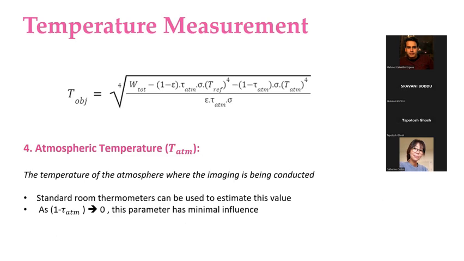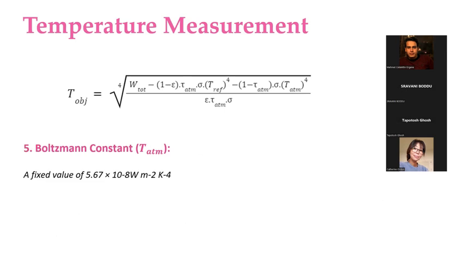The next parameter is atmospheric temperature, which is nothing but the ambient temperature. You can get this using standard room thermometers. But since atmospheric transmissivity tends to 1, this parameter has minimal influence. The fifth parameter is the Boltzmann constant, which is a constant value.